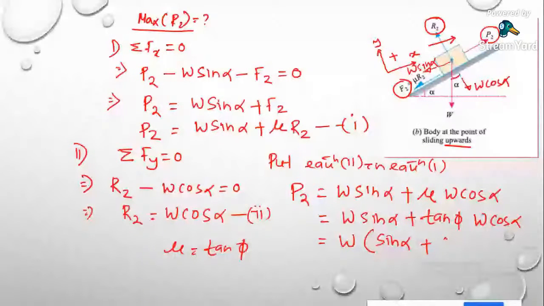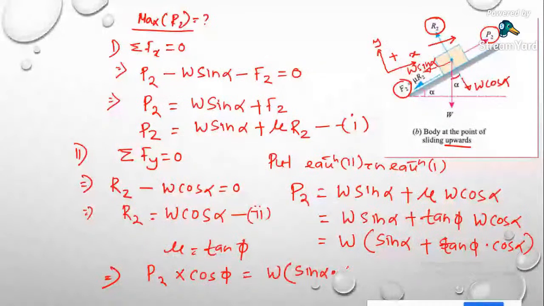Okay. Now if you multiply cos phi in every term, this is P2 into cos phi. So this will become W into sin alpha into cos phi plus sin phi into cos alpha, because sin phi by cos phi will cancel with cos phi.